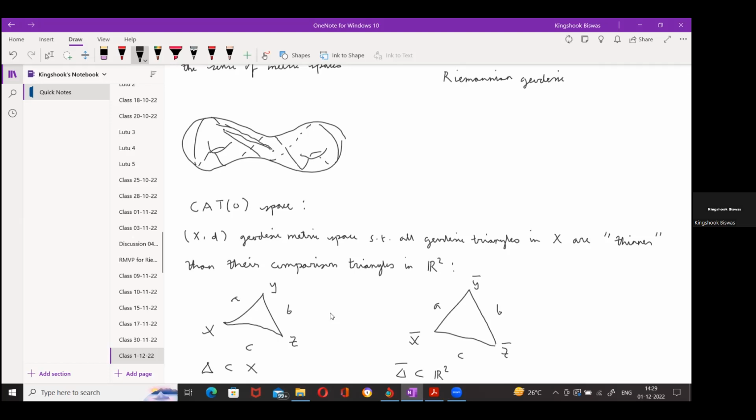Now, what does it mean to say that the geodesic triangle in X is thinner than the triangle in R2?